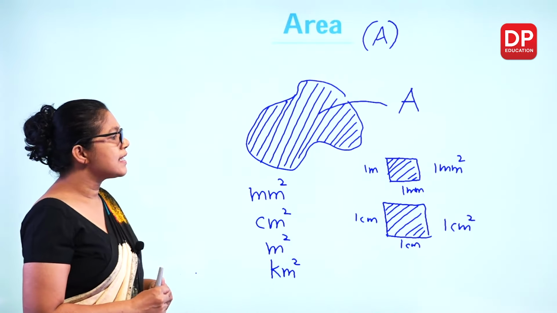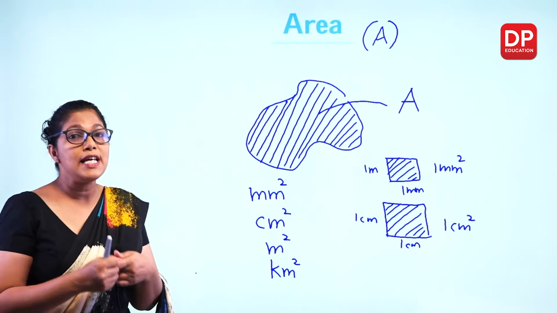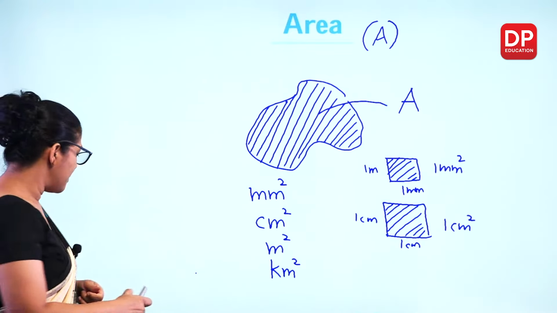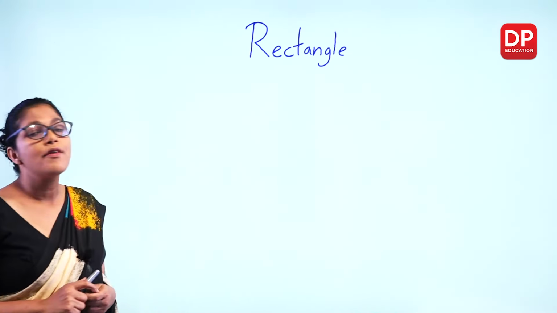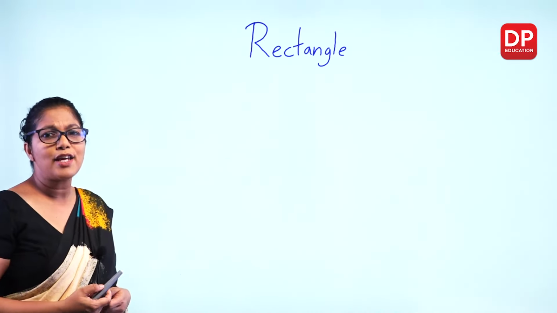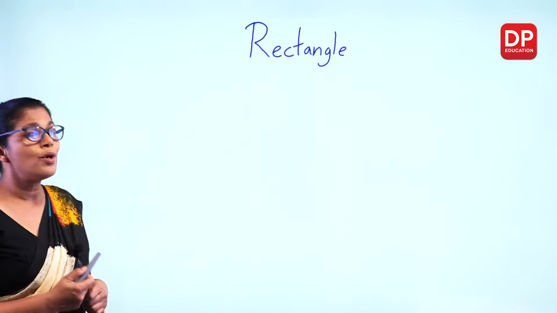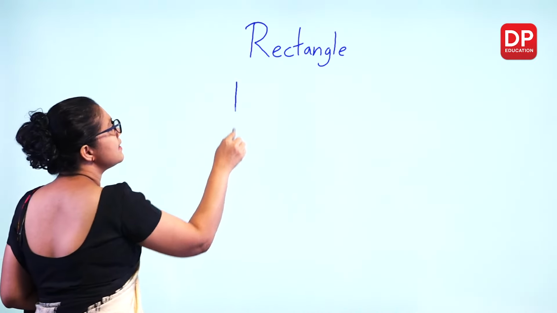Now we'll look at what are the shapes in your syllabus that we need to find the area of. The first shape is rectangle. This board is also a rectangular shape, so it's important to learn about rectangles. So we'll take a rectangle.